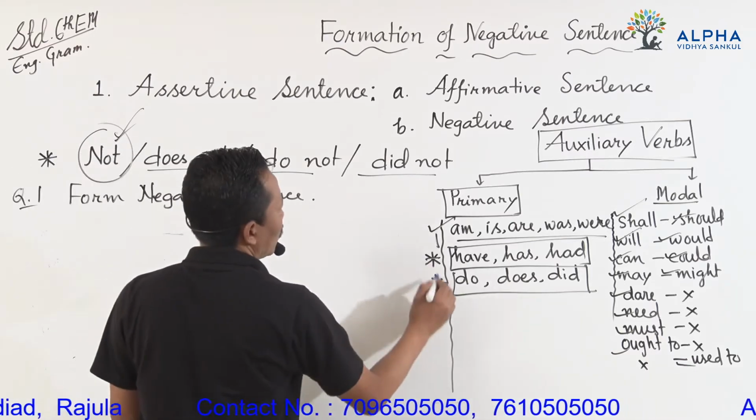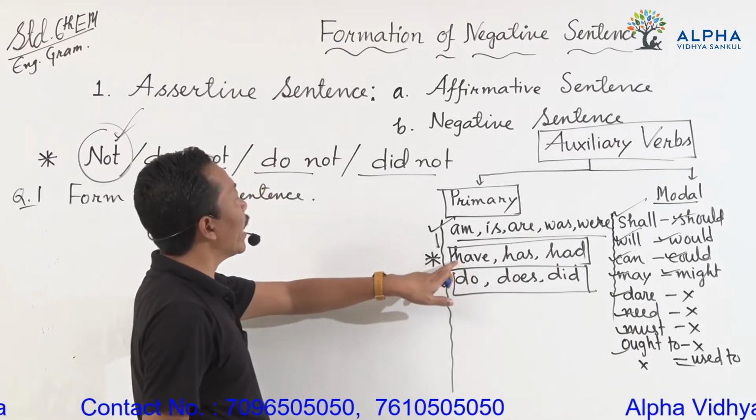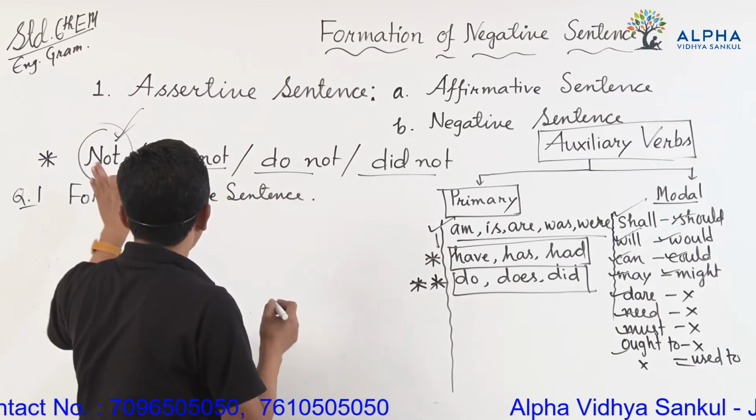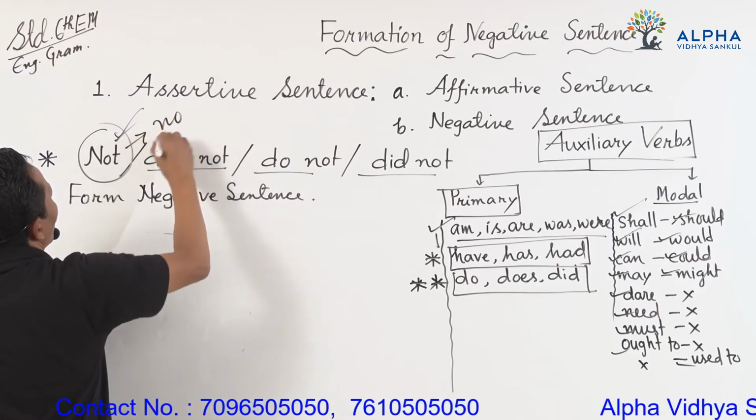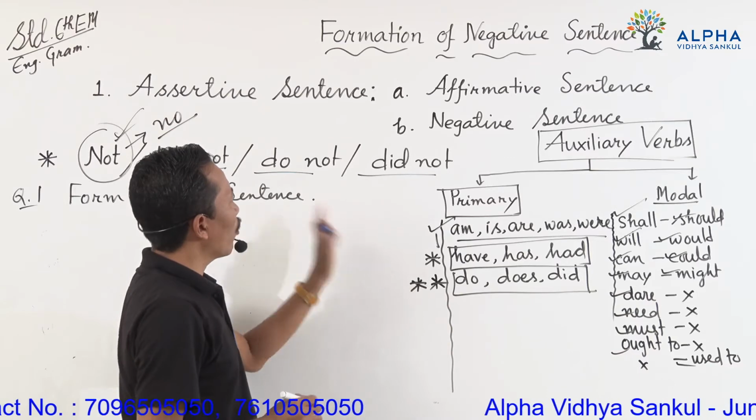See, in this rule, it has, we can apply not or no. But here, we cannot apply this rule.